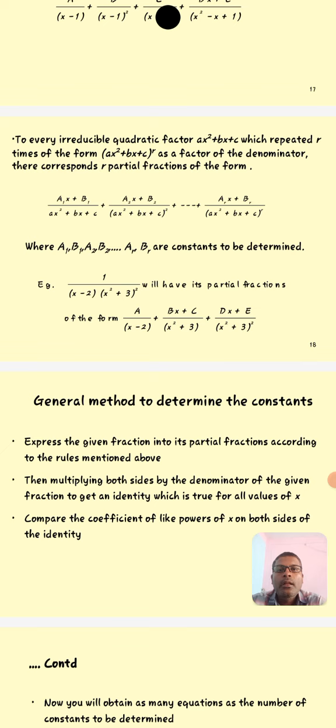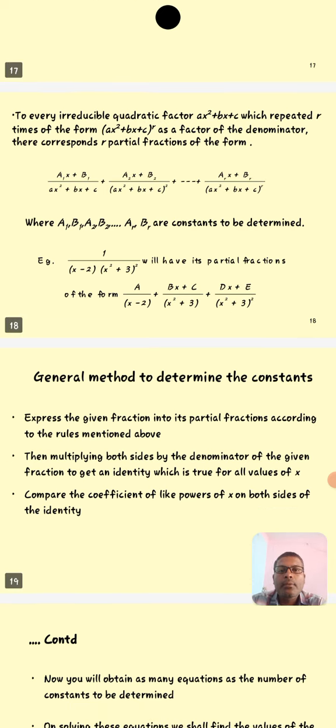This is a repeated quadratic factor. Whenever the repeated quadratic factor is there, how can we write the partial fraction format? That is a1x plus b1 divided by ax square plus bx plus c, plus a2x plus b2 divided by (ax square plus bx plus c) whole square, plus so on, plus arx plus br divided by (ax square plus bx plus c) to the power of r, where a1, b1, a2, b2, and so on, ar, br are constants to be determined.